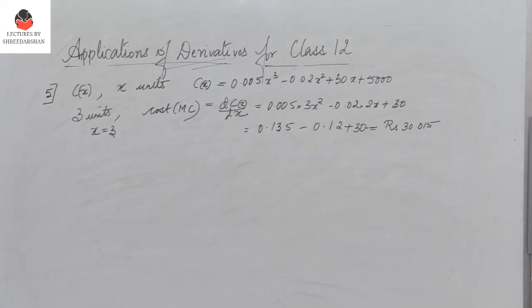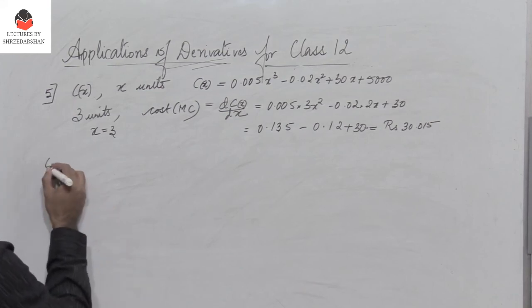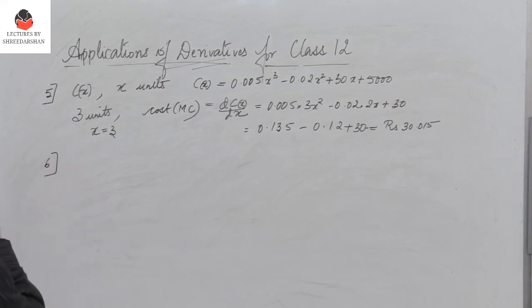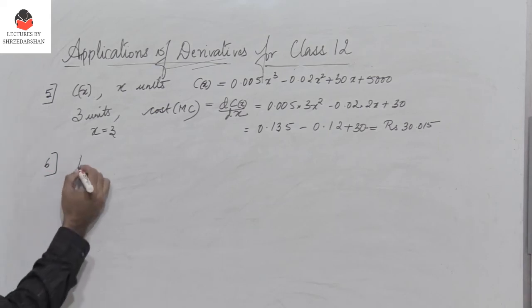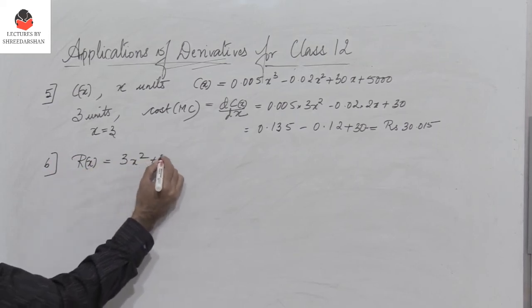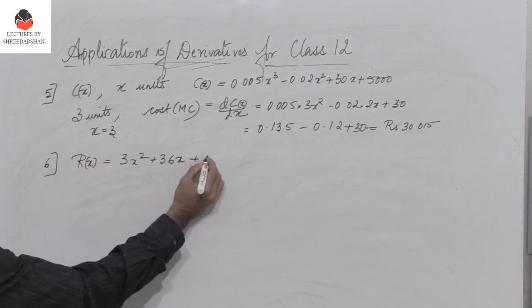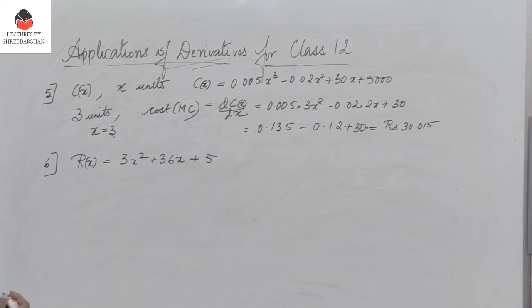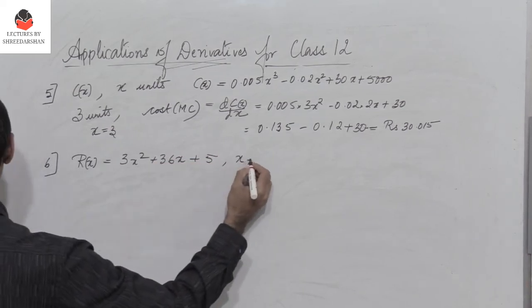So the next problem, problem 6. The total revenue in rupees received from the sale of x units of a product is, so R of x is 3x square plus 36x plus 5. So we need to find the marginal revenue when x is equal to 5.